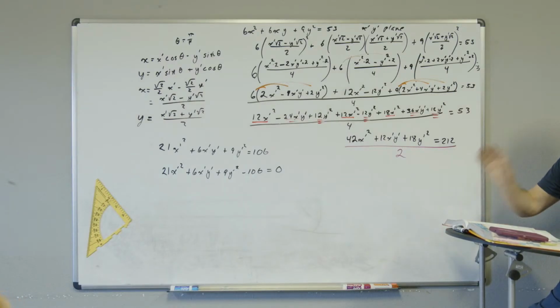Which one? Circle. Probably not a circle, because what's multiplied times the squares are probably not the same, right? So it's almost certainly not a circle.